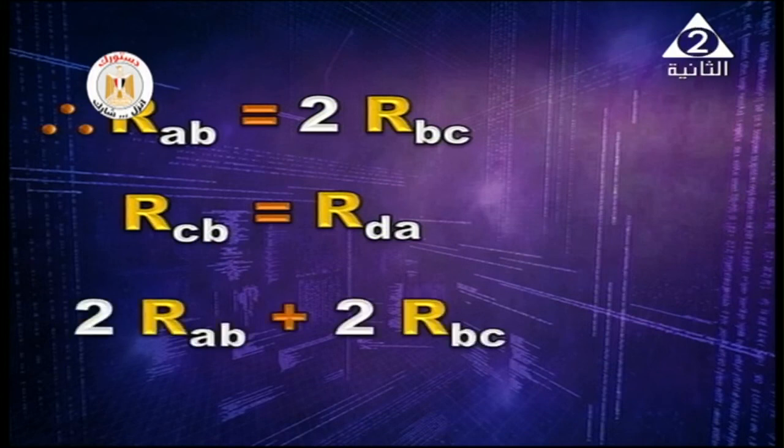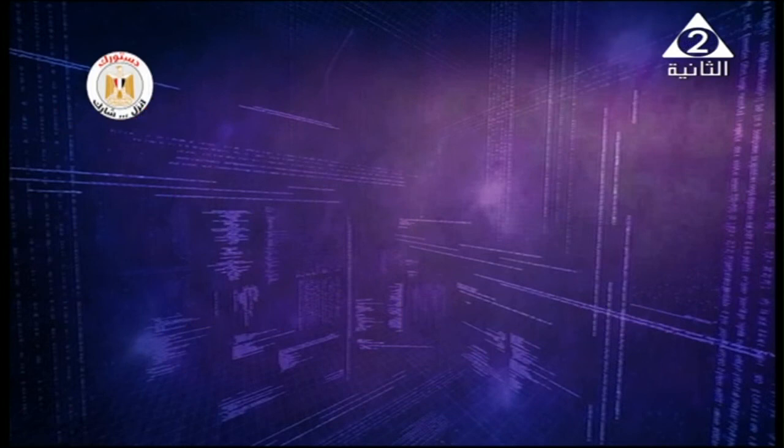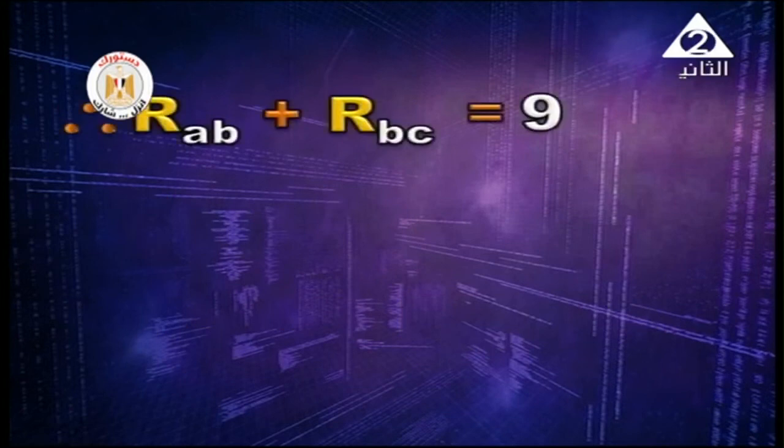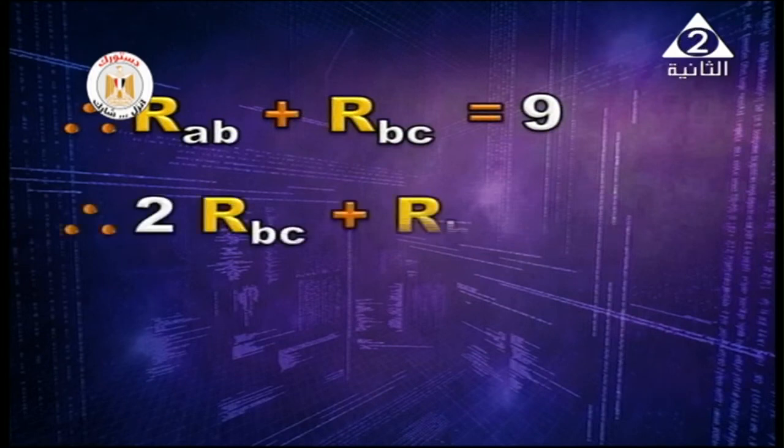So we can say 2RAB plus 2RBC, they'll form the whole rectangle, equals 18. So RAB plus RBC equals 18 divided by 2, which is 9.